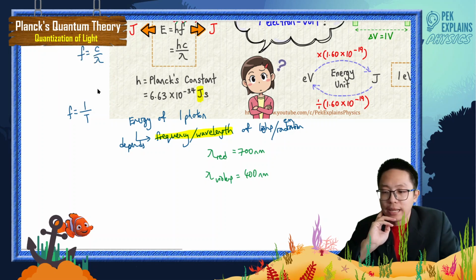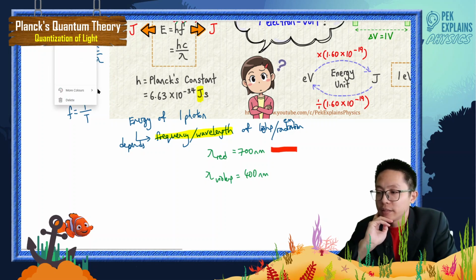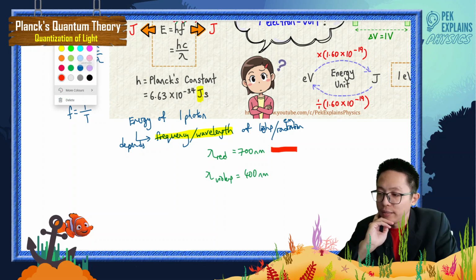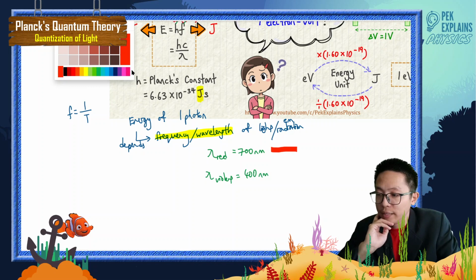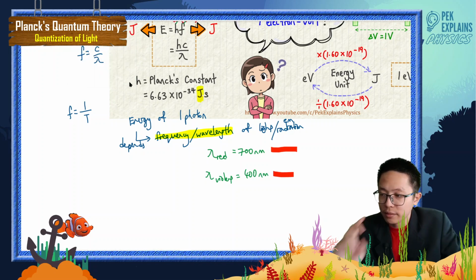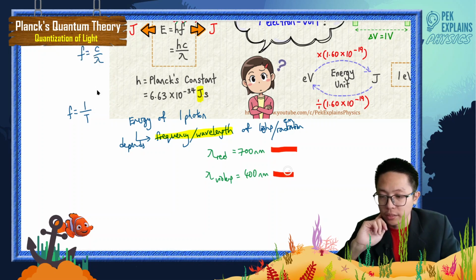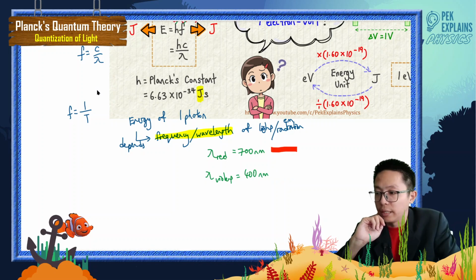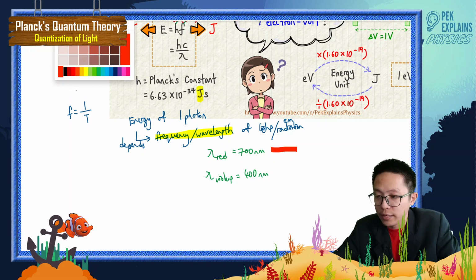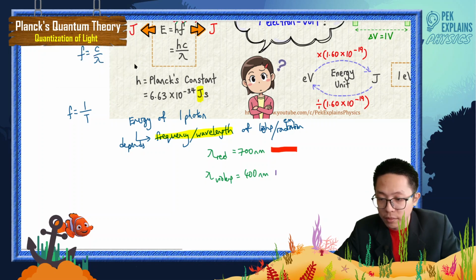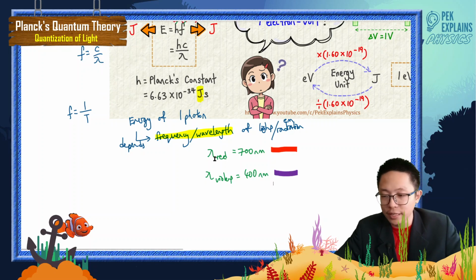This is red light, and this is violet. Red light wavelength 700, violet 400.